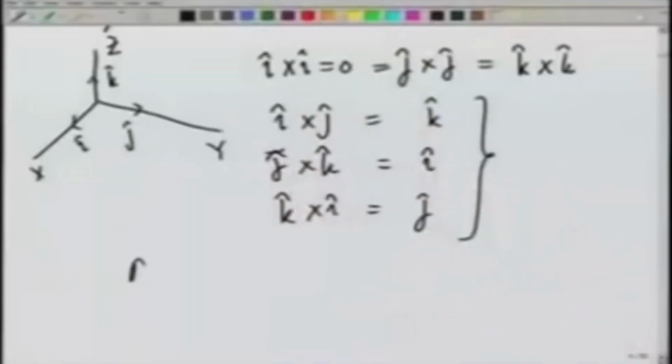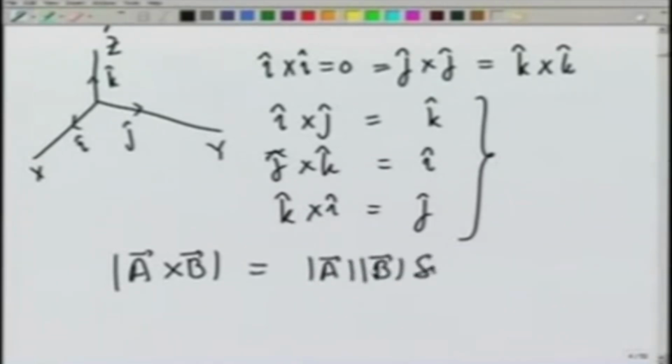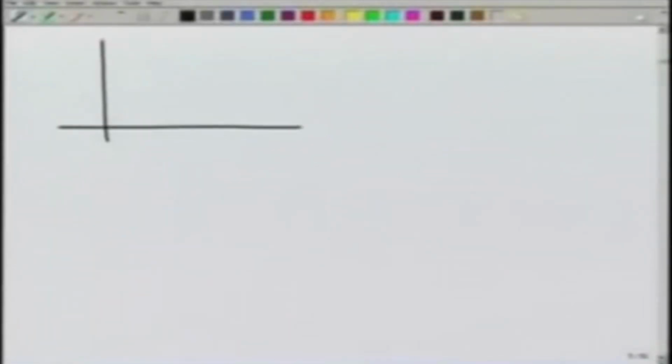First, I want to show you that A cross B through an example is really equal to A B sin theta times n, where n, as I told you, is in the sense of rotating A towards B through the smaller of the angles. So, let us for simplicity take this as x axis, this as y axis. Consider B to be a unit vector in x direction.